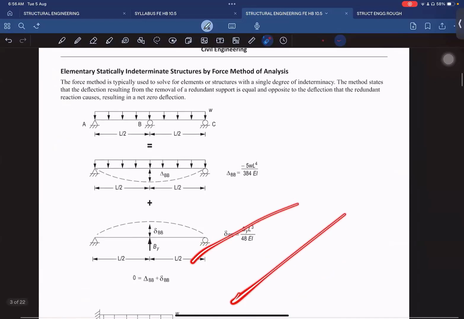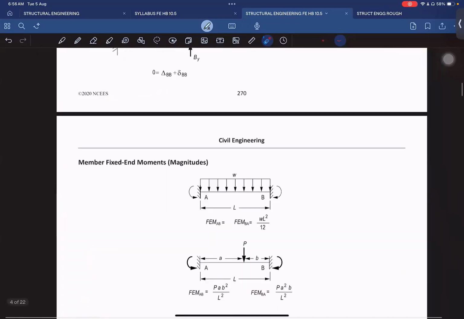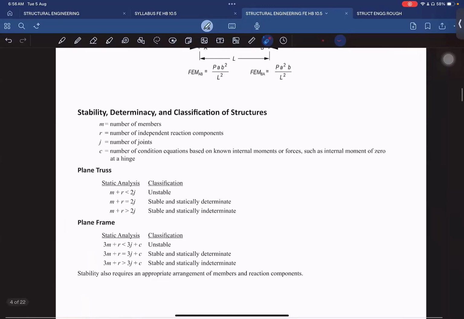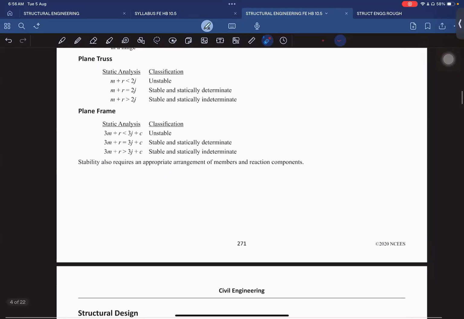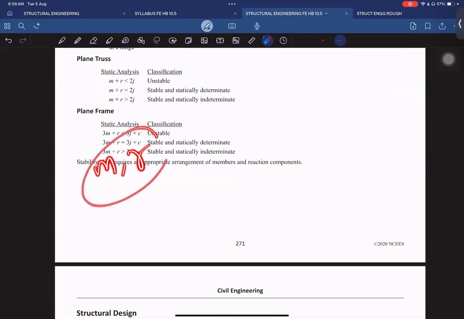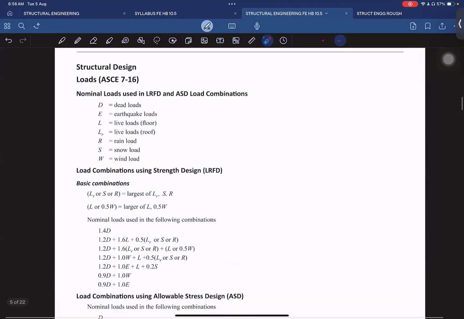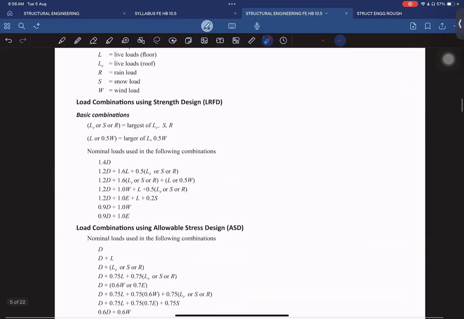And then, as I said, they use one of the methods for finding reactions in indeterminate structures. And then there will be some topic related to stability and determinacy. There are some formulas like number of members, number of reactions, number of joints. We'll see that. And coming to the design, they have given some topic related to the different types of loads and load combinations.